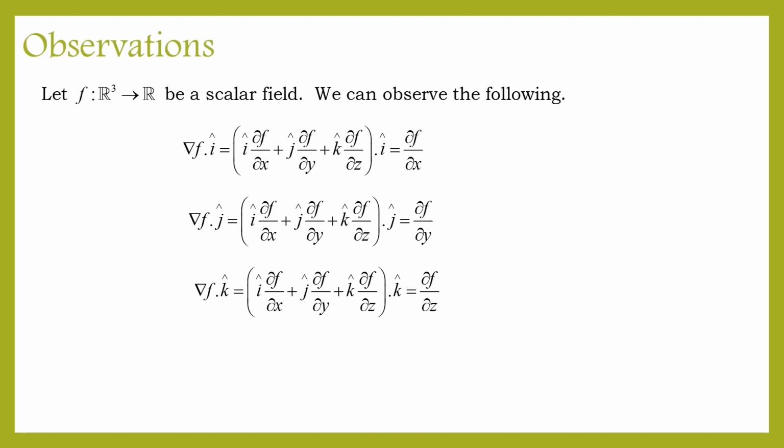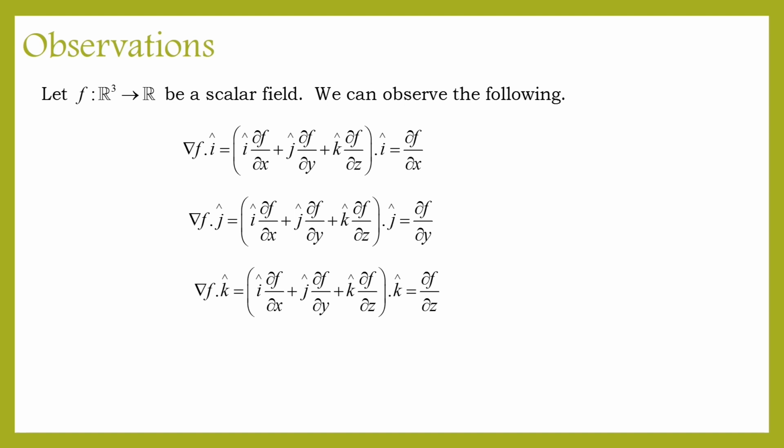So far we have learned the definition of partial derivative, the definition of the gradient with a few examples, and properties of the gradient of a scalar field. Next we solved a few problems.